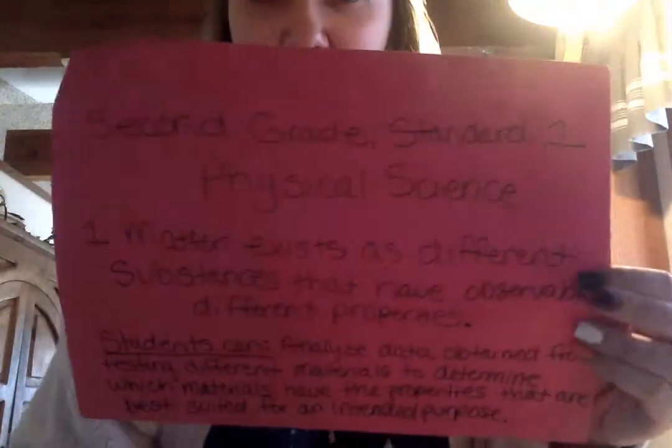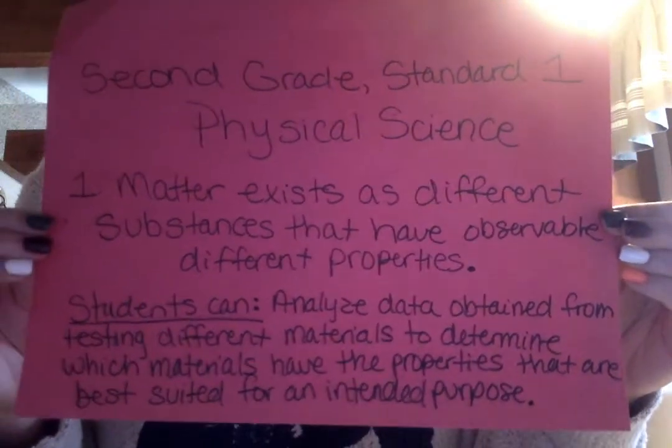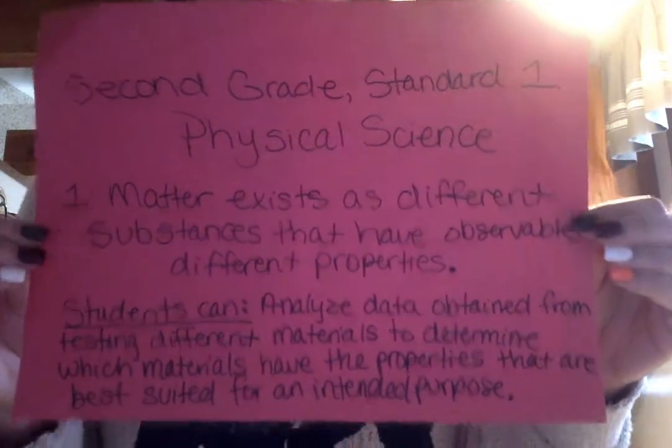It then states students can analyze data obtained from testing different materials to determine which materials have the properties that are best suited for that intended purpose. I'll let the teachers look at this one more time. And like I stated, this is in the comments section below.